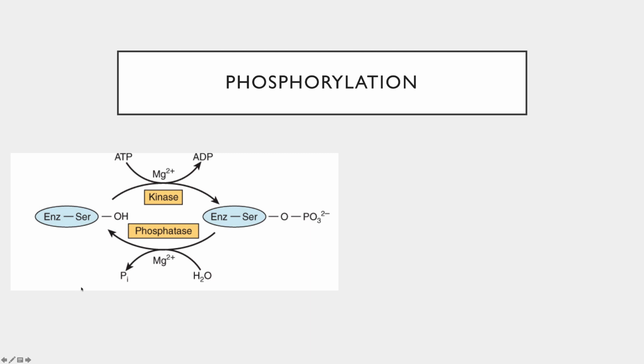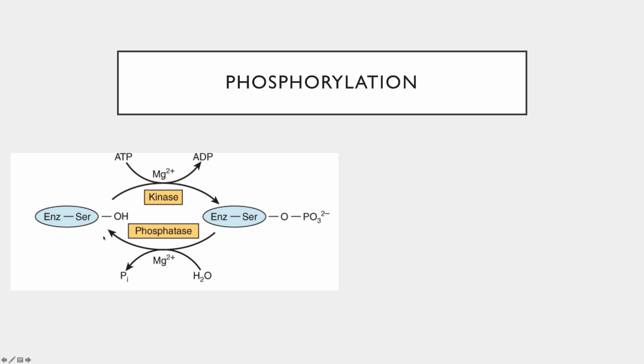So if we look specifically at protein phosphorylation and dephosphorylation, it's highly versatile. The amino acids serine, threonine, and tyrosine are primary sites of phosphorylation due to their functional groups, which have an exposed hydroxyl. The phosphorylation is catalyzed by a kinase, and this requires ATP with the transfer of the phosphate group onto the enzyme.